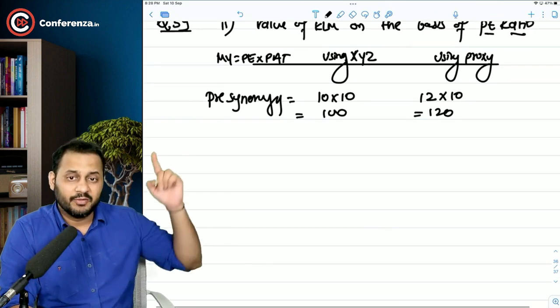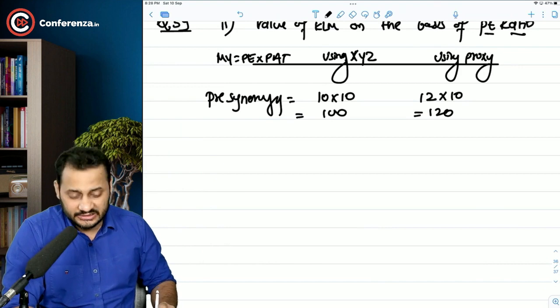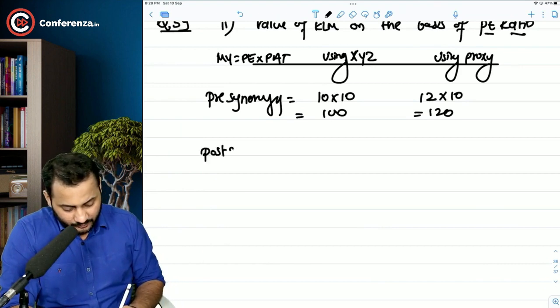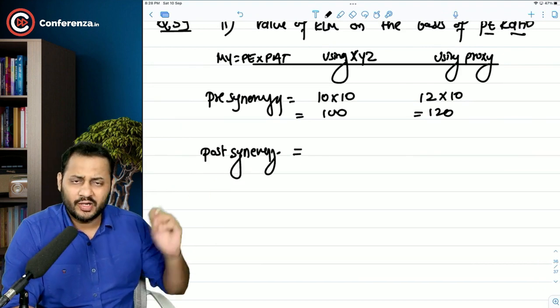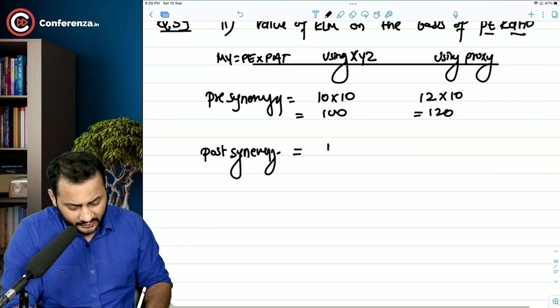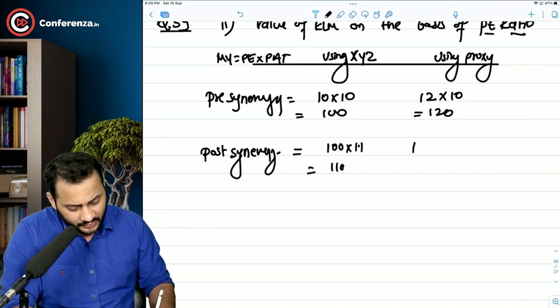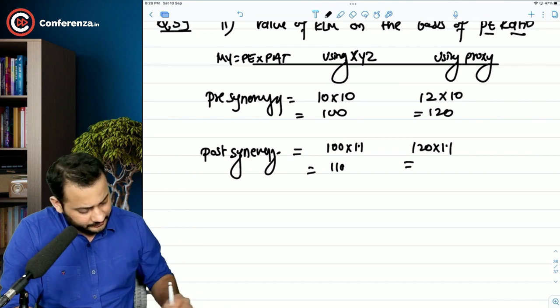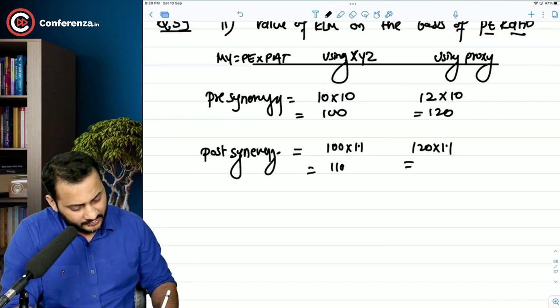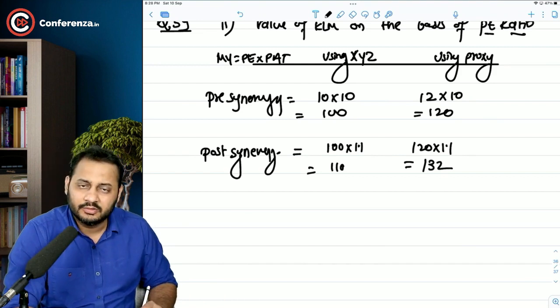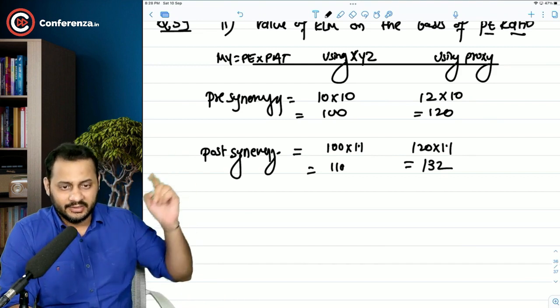But this is before considering any synergy benefit. If you consider a synergy benefit of 10%, this value has to be increased by 10%. It will be 100 into 1.1, that's 110. 120 into 1.1, that's 132. That's it, simple. You can directly increase.